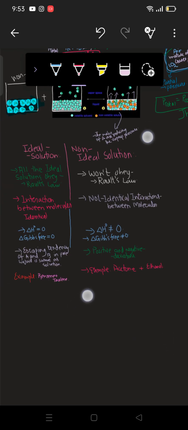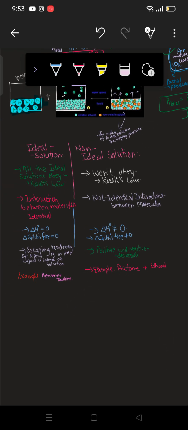So let's conclude today's topic. What we have discussed today is the difference between ideal and non-ideal solutions, right? All those solutions that obey Raoult's law are ideal solutions, and solutions that do not obey Raoult's law would be non-ideal solutions. In the ideal solution, the interaction between molecules is identical before and after getting mixed together.